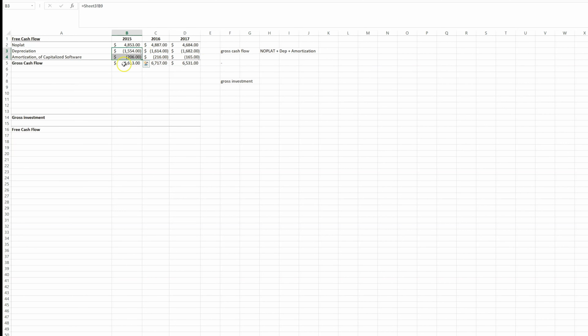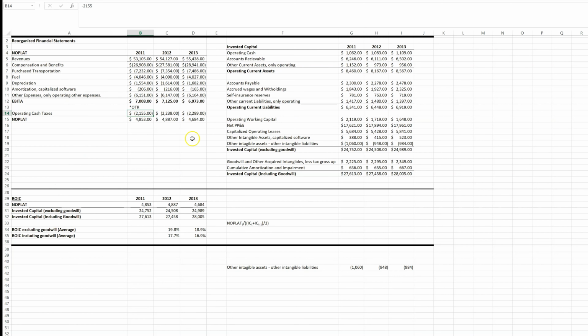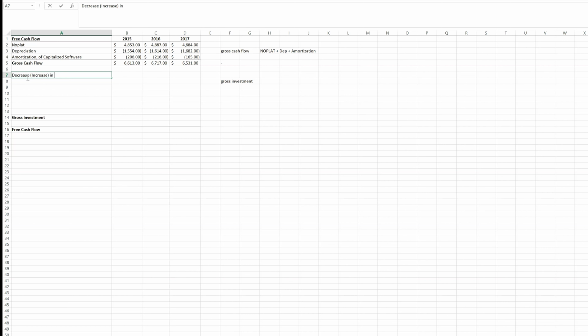So what we're going to do here is take all of these items and look at whether they changed from one year to the next. I'll come in here and write it. We want the decrease or the increase in operating working capital.